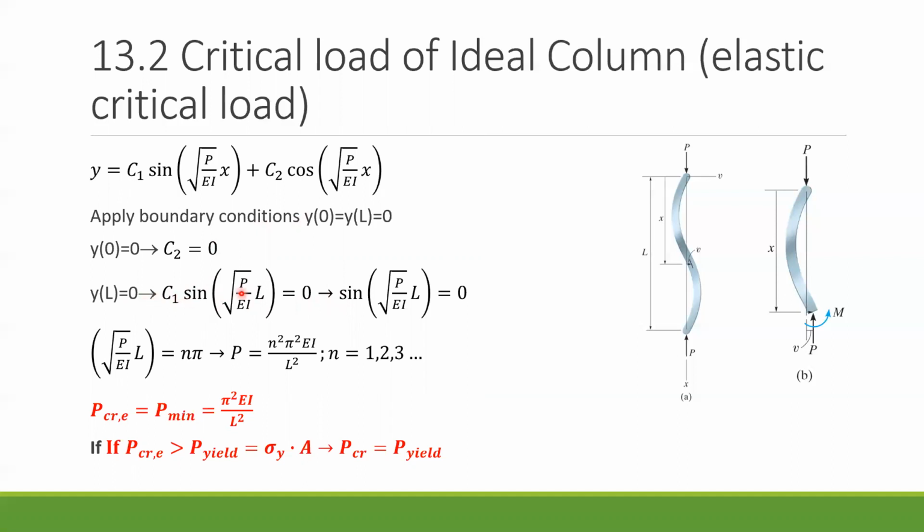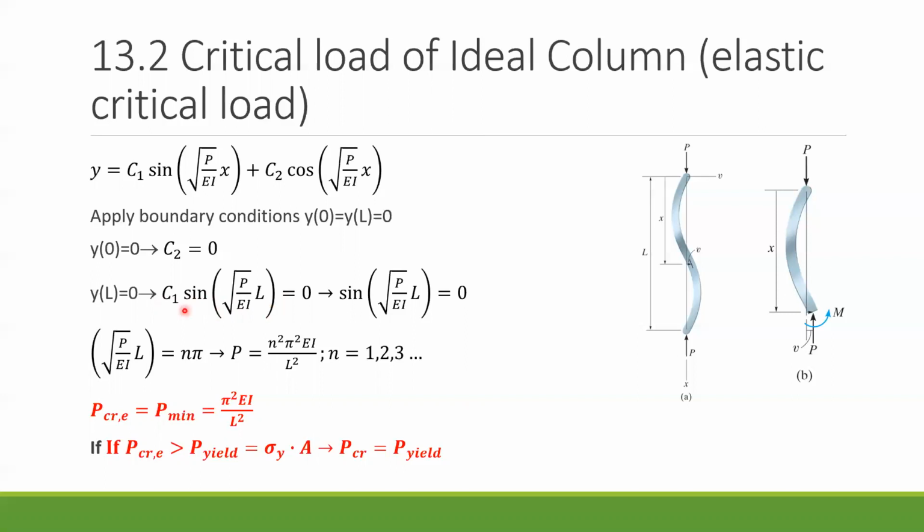After applying this boundary condition, we obtain that C1 times sine of the square root expression times L is equal to 0. The first option is that C1 should be 0, but if C1 is 0, it means there is no deflection, all the y is equal to 0. This is the trivial solution.